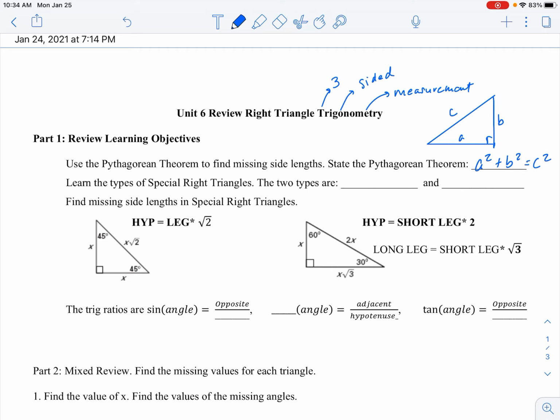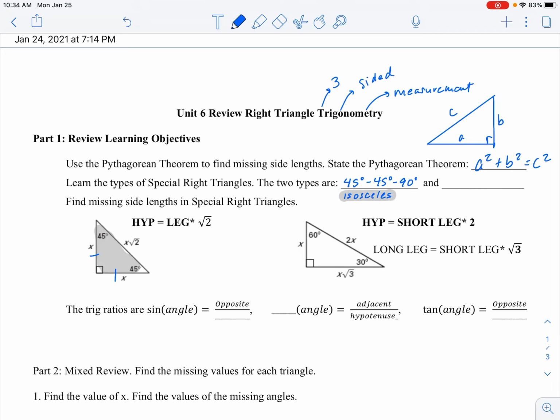There are special right triangles that come up a lot in problem solving. 45, 45, 90, which is also an isosceles right triangle that has two sides the same length. That's this one over here. There's an isosceles right triangle.